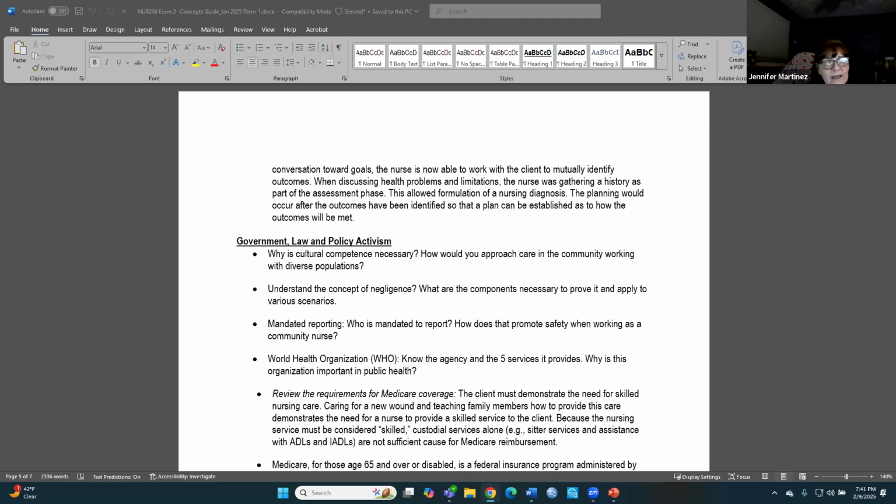So when we look at advocating, it's not just for ourselves, it's for patient care as well. What are the things we can advocate for to make a difference? Or what laws is the government passing that could potentially have an effect on us as healthcare providers?